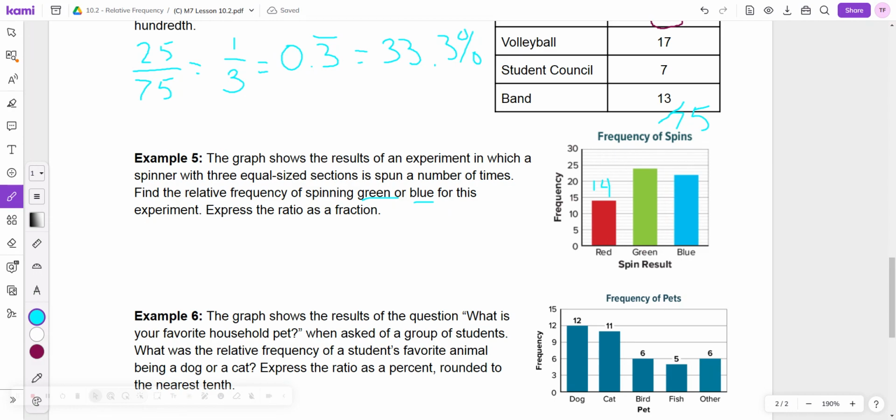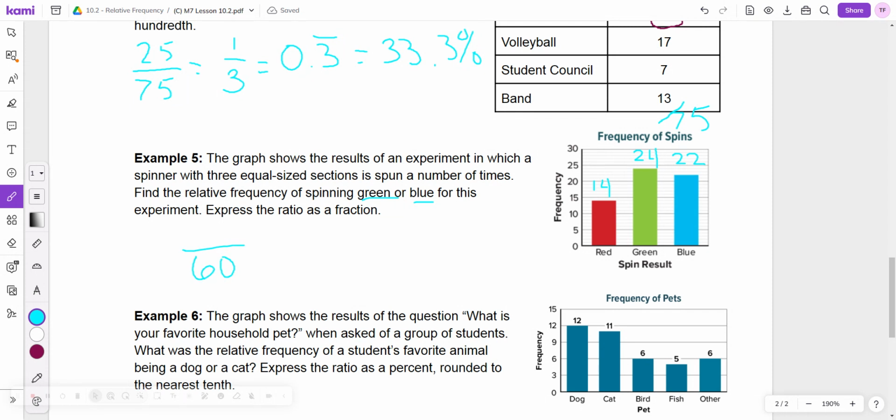For green, it goes up to 24. And for blue, it goes up to 22. To find my total, I'm going to add 14 plus 24 plus 22. I'll do this real quick on my calculator. That gives me a total of 60.